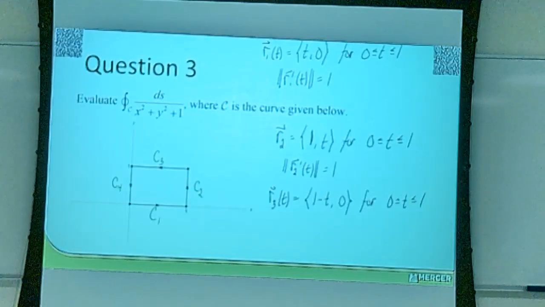Or, I'm going to do it this way. But that's in the opposite direction. So instead of it being the integral, it'll be negative the integral, because there's a property: if you flip the direction, you multiply the integral by -1.